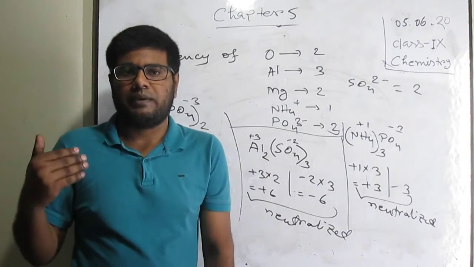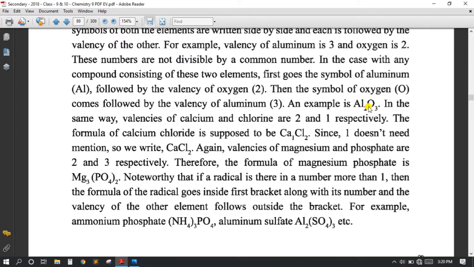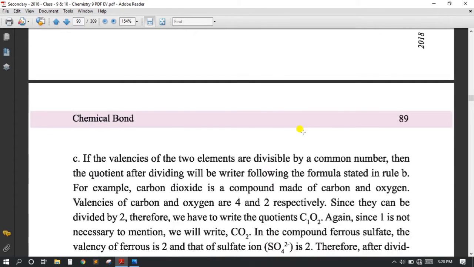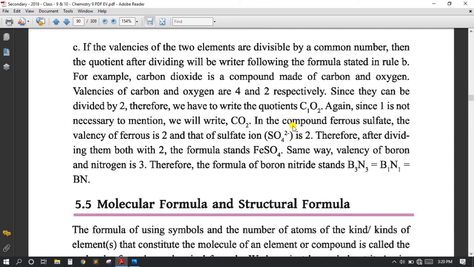Then I am going to my laptop screen again. Then the third number is given. The third number is quite similar to number 2. Suppose this is the formula of carbon dioxide. 1 atom of carbon is given and 2 atoms of oxygen are given. So this is very easy. And how can I write the formula of sulphate?